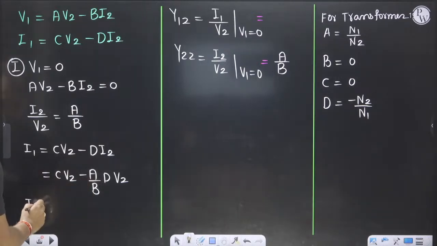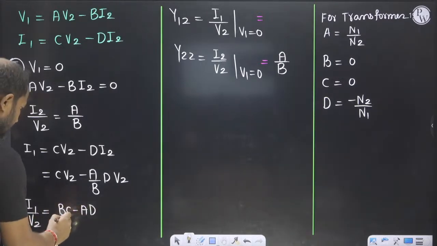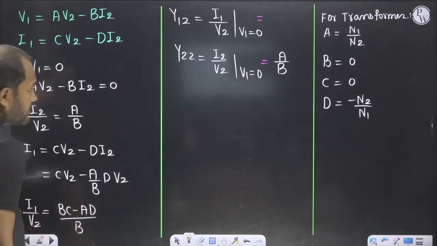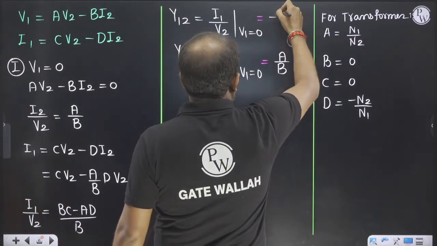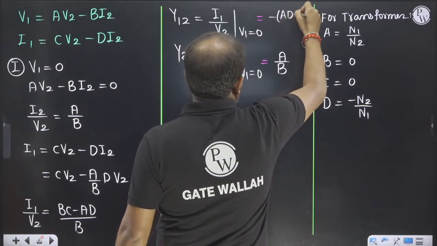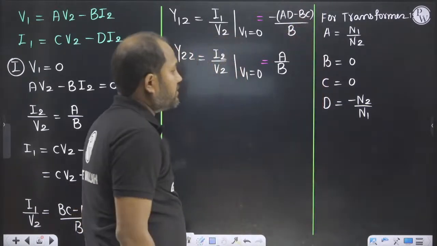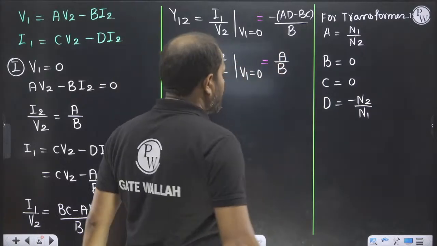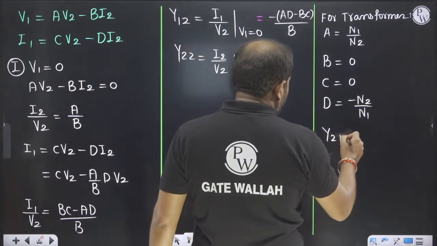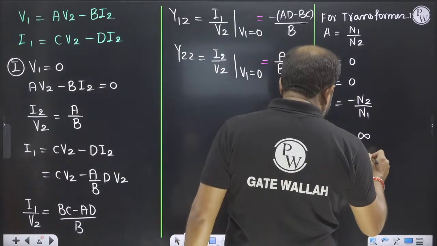So I1 by V2 is (BC minus AD) divided by B, that is minus (AD minus BC) divided by B. As we know that B is equal to 0, Y21 will be infinite and Y22 will be infinite.